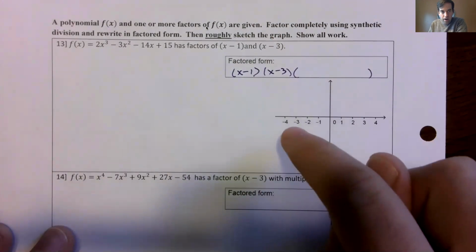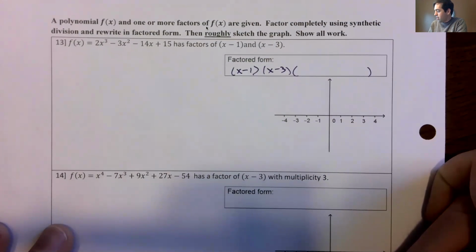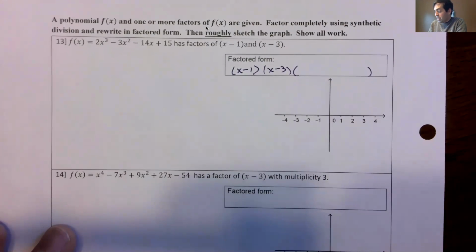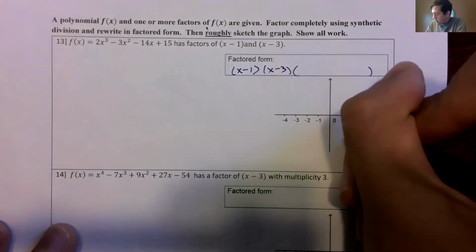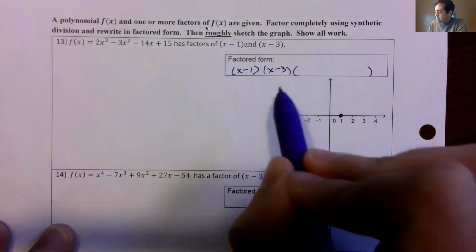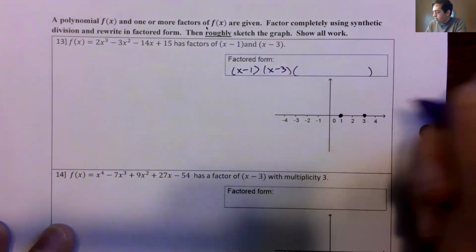Then when you get to the graph, we can actually roughly sketch a graph of this based off of what we just did. If we know x minus 1 is a factor, that should tell us one of the zeros on the graph is positive 1, right? X minus 1 means that positive 1 was a 0. X minus 3 means that positive 3 is a 0.